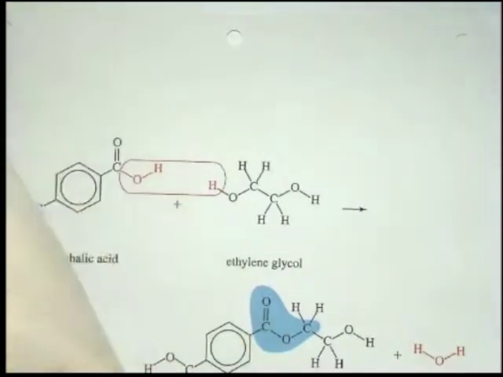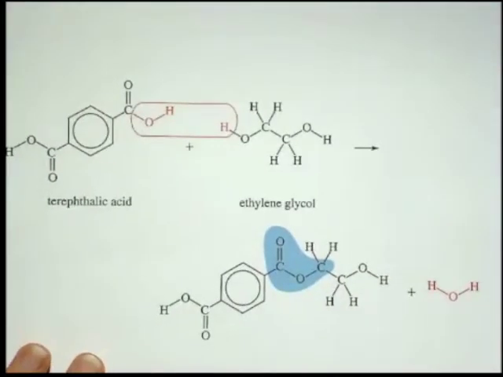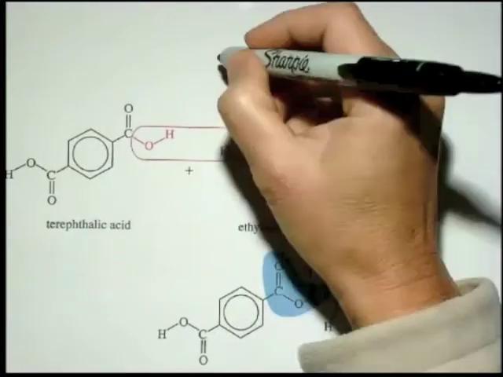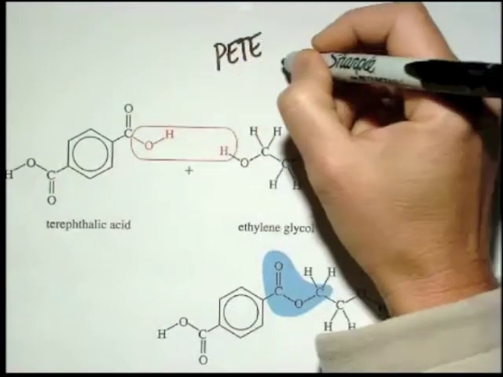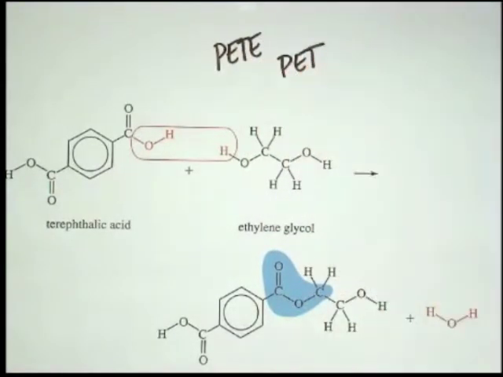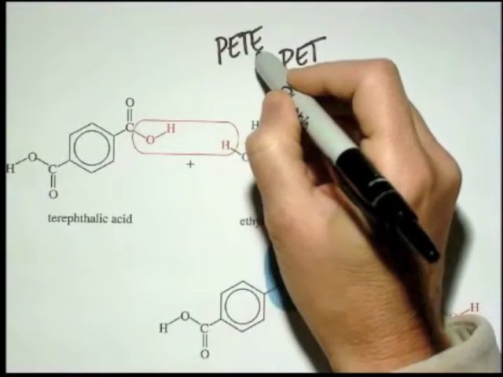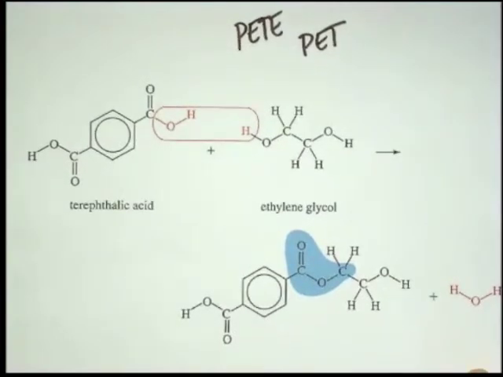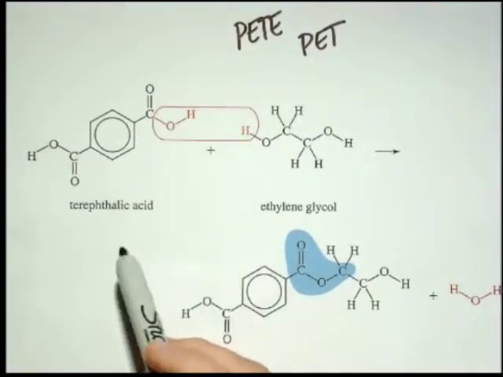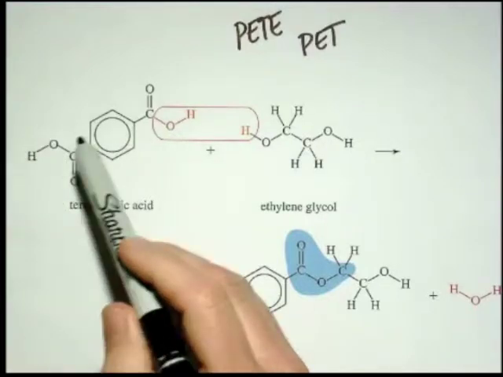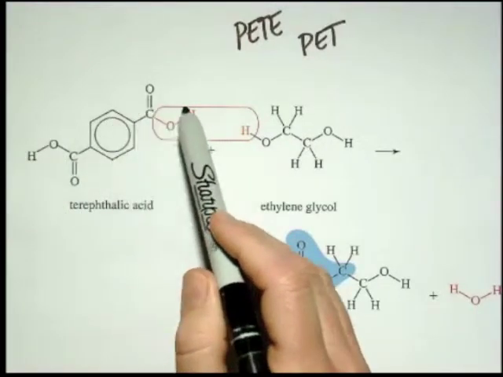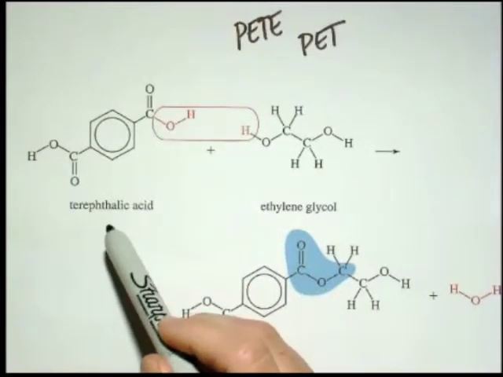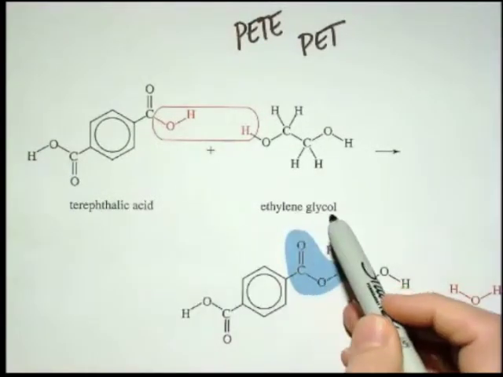Another synthetic condensation polymer that wasn't mentioned just now is polyethylene terephthalate. It's sometimes abbreviated PET and sometimes PETE. It's the same thing. Polyethylene terephthalate is the name of the polymer, and it's made by a condensation reaction between terephthalic acid right here, which is a benzene ring with two carboxylic acid groups on it, and ethylene glycol.